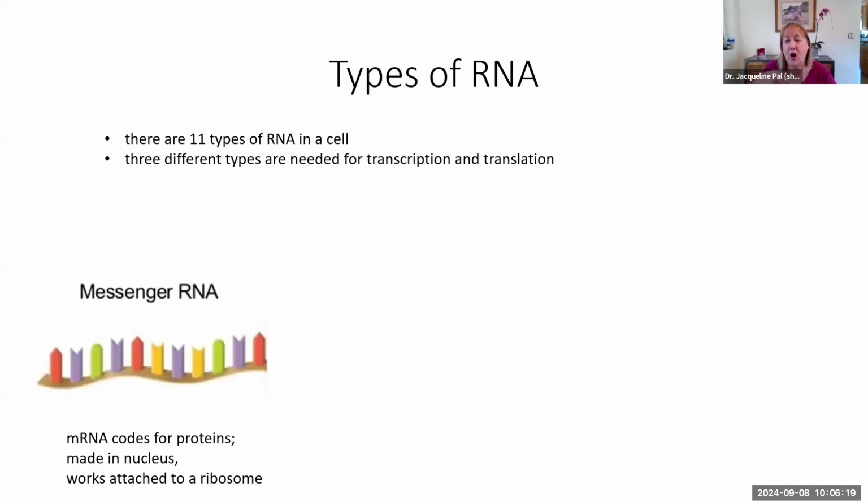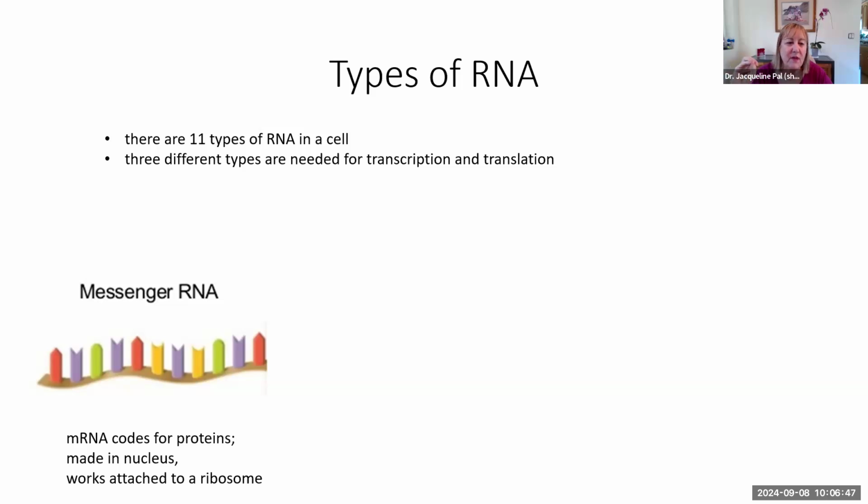The first type of RNA we're going to be talking about is messenger RNA, and for that we write it with a little m and then a capital RNA. And messenger RNA is the type of RNA that's going to specifically be coding for the proteins. It is the type of RNA that we are going to be looking up on a chart.